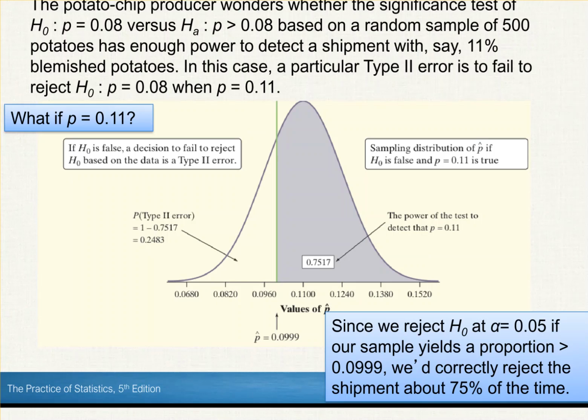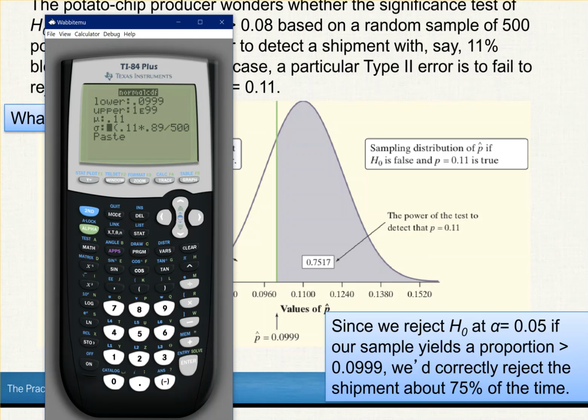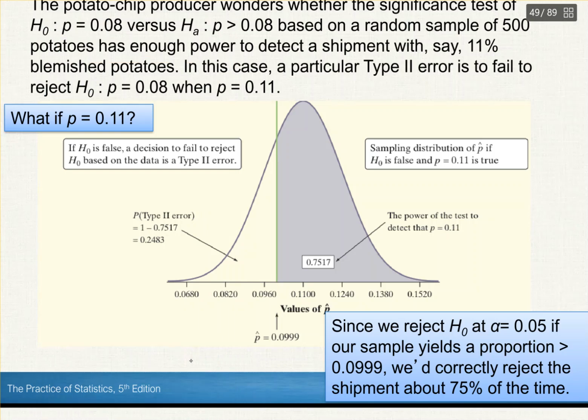So if I do the calculation here, normal CDF from 0.0999 up above, but you do it where mu is equal to 0.11 instead of 0.08. And if I go ahead and do this calculation, I'm just off by a little rounding, I think, but I end up with this number here being the area under that normal curve.